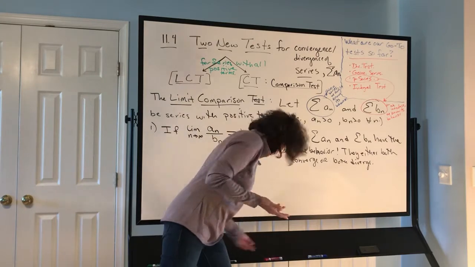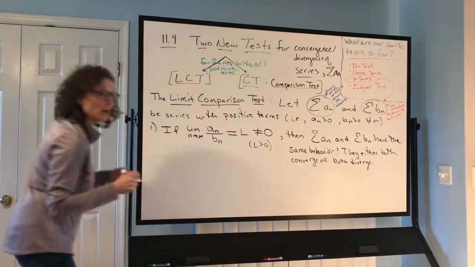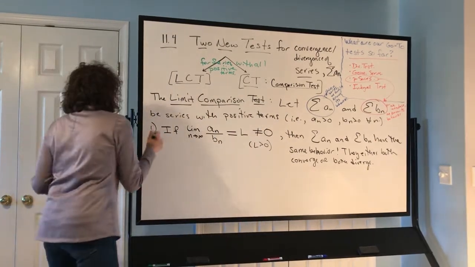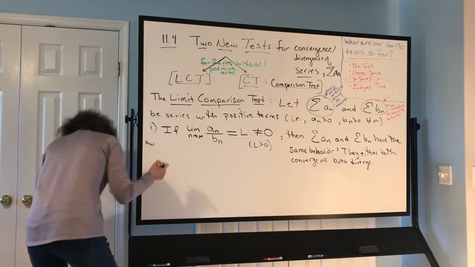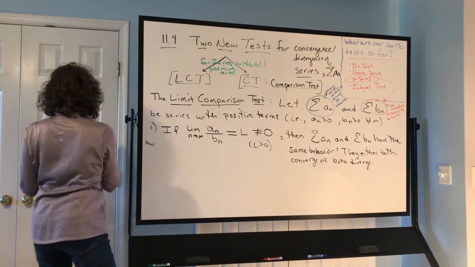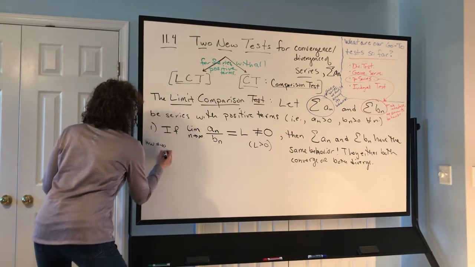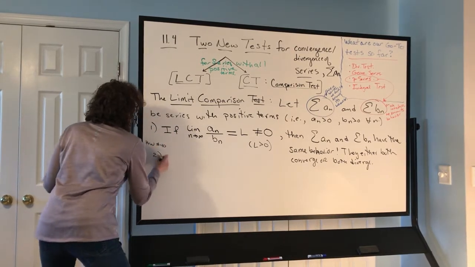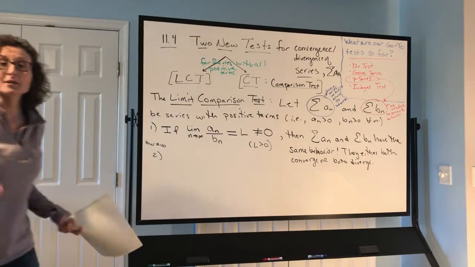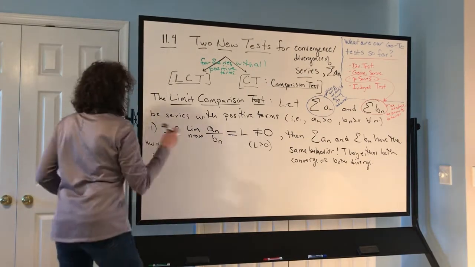Now, what if you got a limit that was zero? Is all lost? Well, not if you do your homework, because homework problem number 40 is really what we're calling the second part of the limit comparison test. So what does that say?